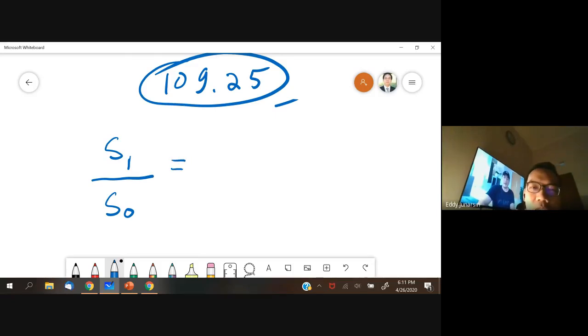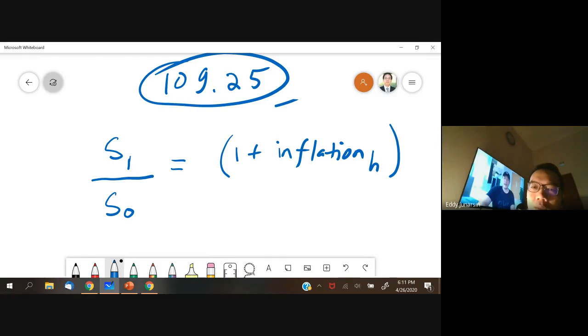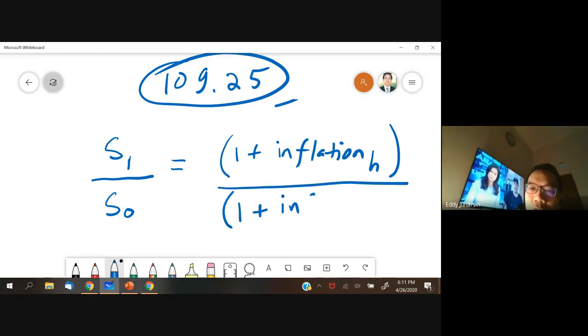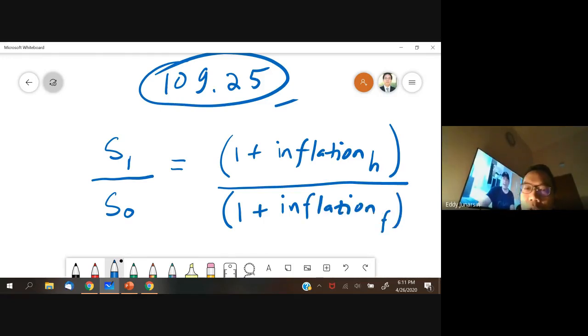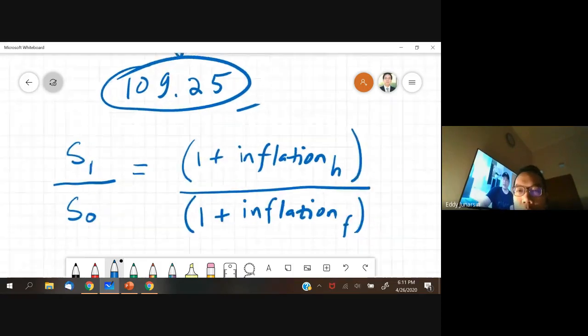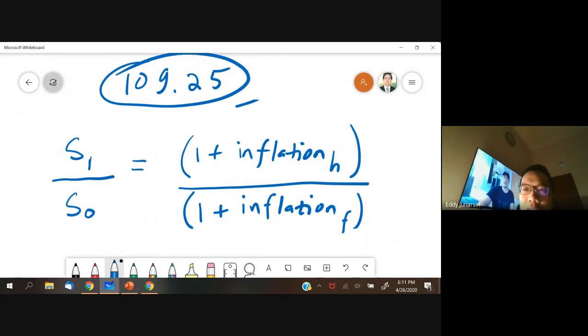This should be a function of 1 plus the inflation rate at home country, divided by 1 plus inflation rate in the foreign country. So what is home country? What is foreign country? This is the important one. To the power of t, right? The time, for example, this is 1 year, so the t is 1, right?